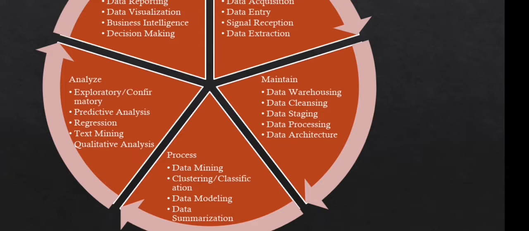The next is process: data mining, clustering, classification, data modeling, and data summarization. Data scientists take the prepared data and examine its patterns, ranges, and biases to determine how useful it will be in a predictive analysis.